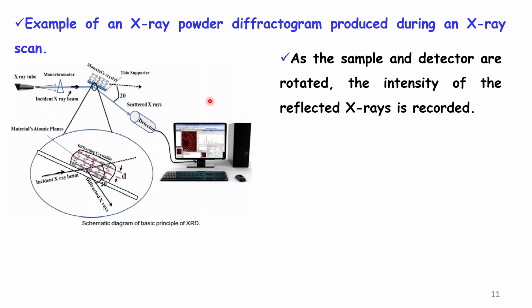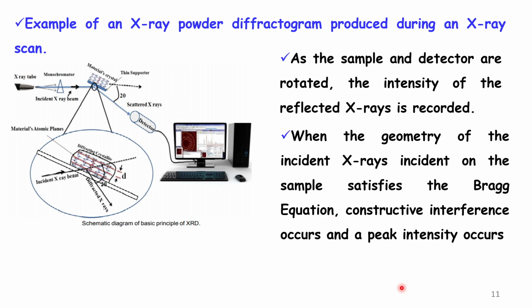Now the suitable detector is connected to the computer system, and as the sample and the detector are rotated, the intensity of the reflected X-ray is recorded by the detector. When the geometry of the X-ray incident on the sample satisfies Bragg's equation, constructive interference occurs and you get the peak intensity.